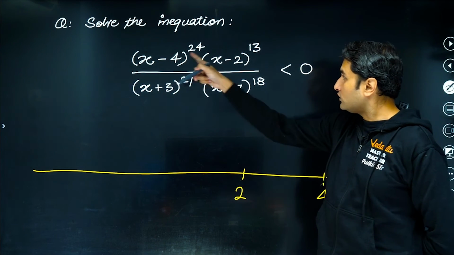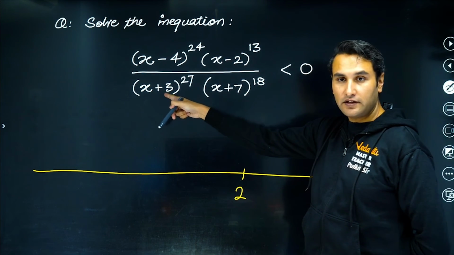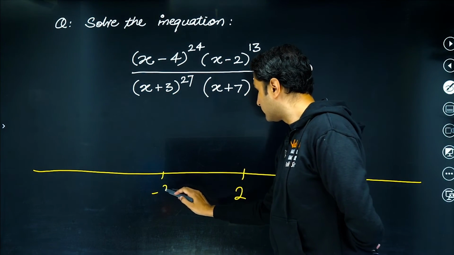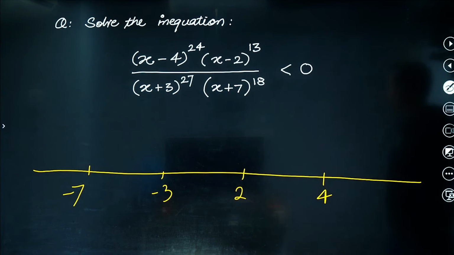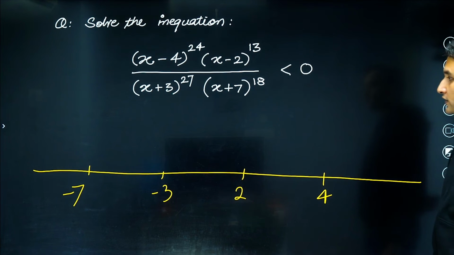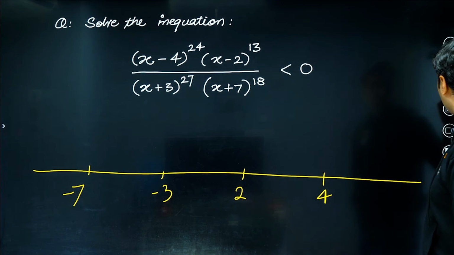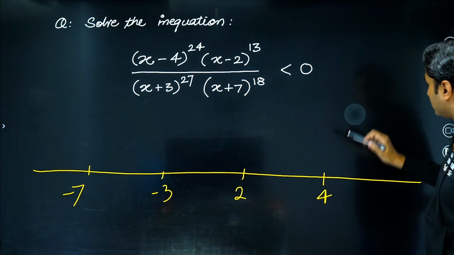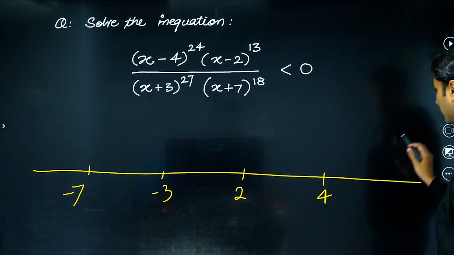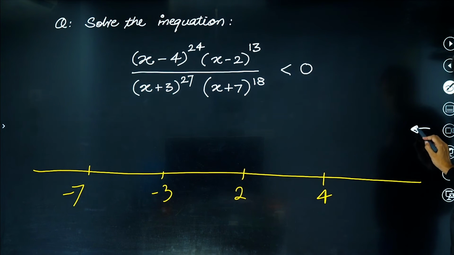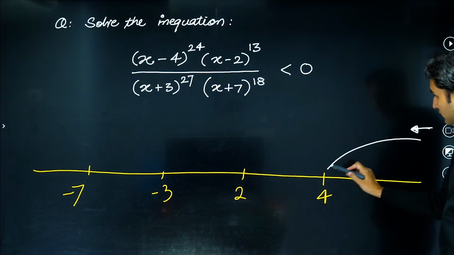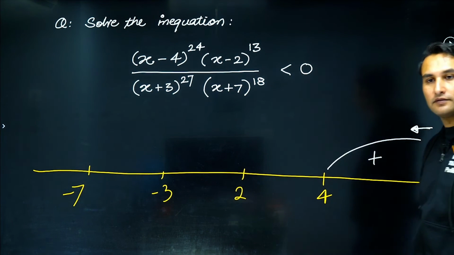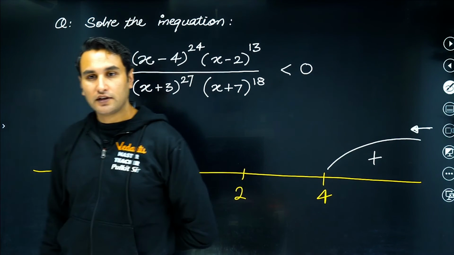Correct? Step 3, train. The train will always start from the positive side, from infinity with a plus sign. This step is always common. Plus, nothing changes till here.